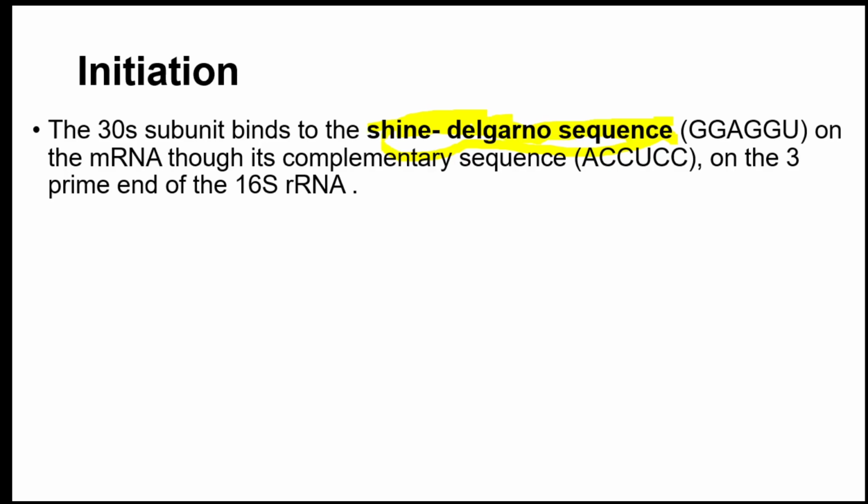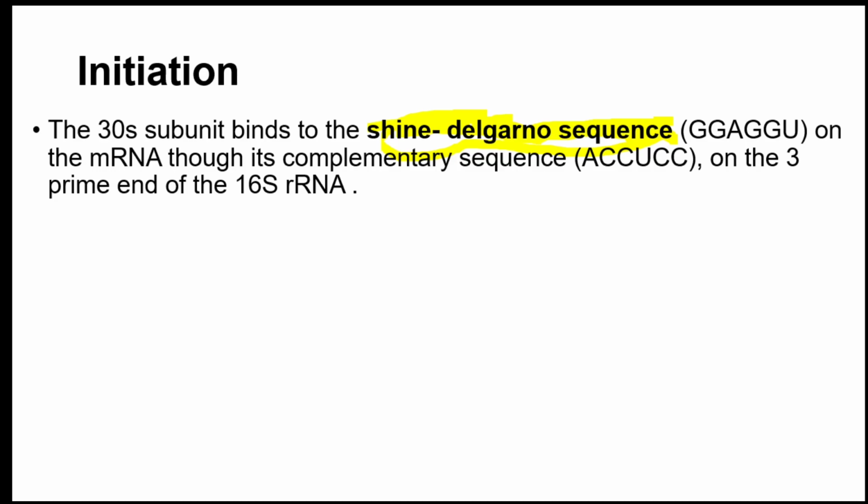The Shine-Dalgarno sequence is GGAGGU, GAGU. If you don't want to forget, it's GAGU, but make sure the GA is a double G. This sequence is found on the messenger RNA. Let's not forget that.